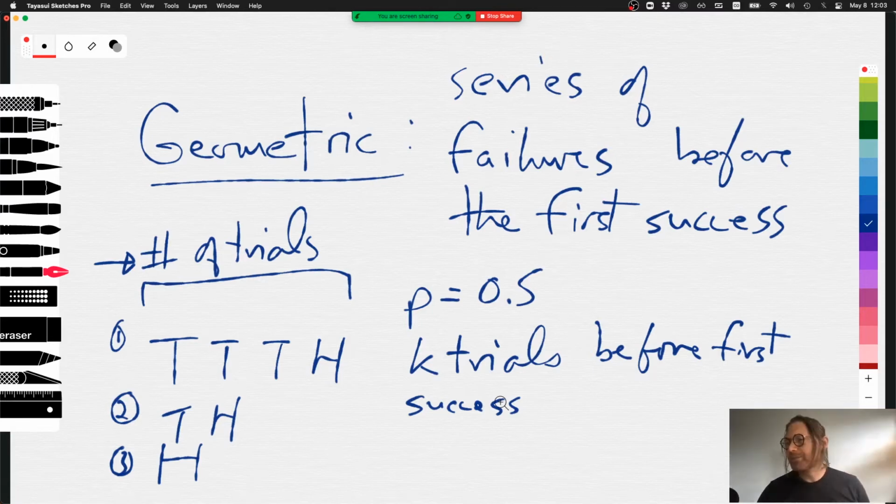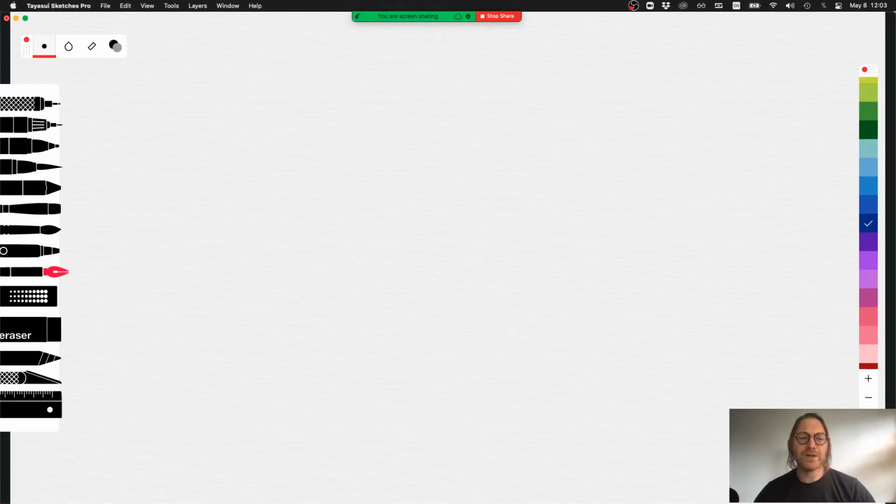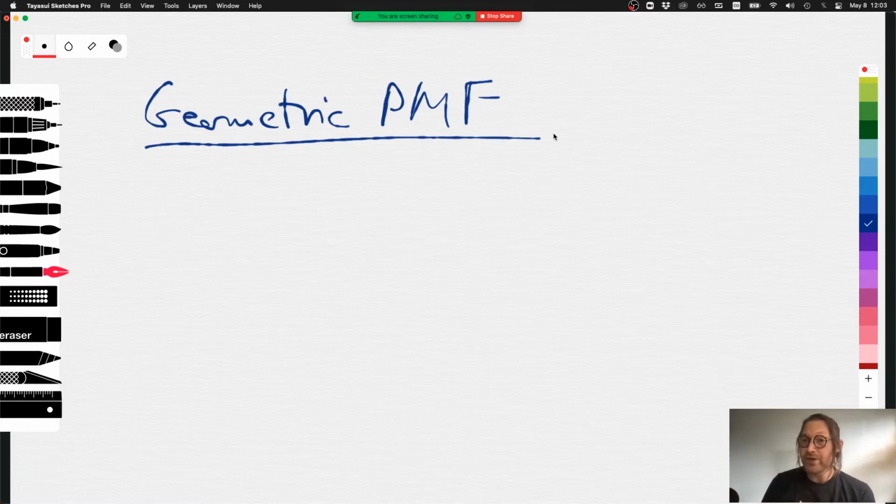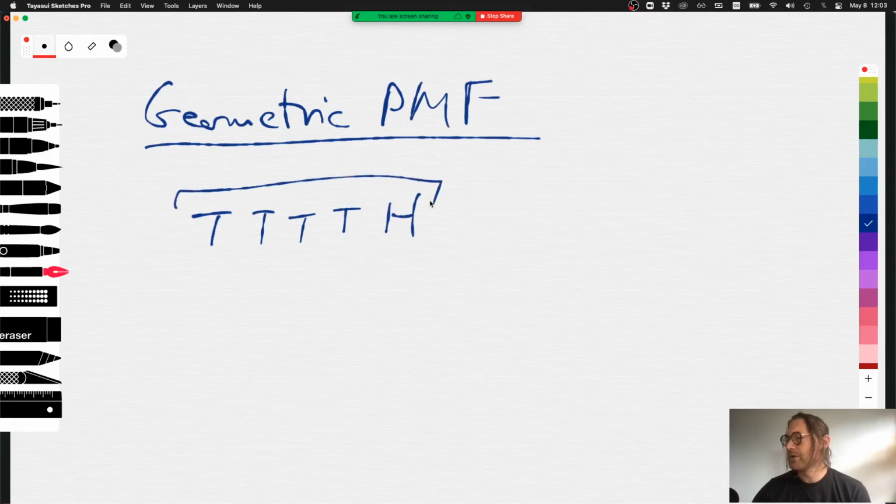Interesting thing about this, there are two ways that we can consider the probability mass function. Okay, so when we're thinking about the geometric PMF, there are two ways that we can consider this, right? We can consider up to and including the first success, right? So that would be something like tails, tails, tails, tails, heads, which would be 5 trials.